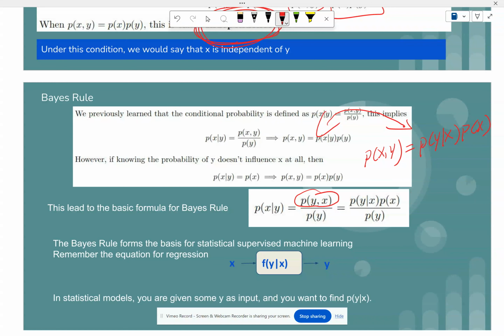And if that's the case, now I can plug this one in here as well, which gives us this.